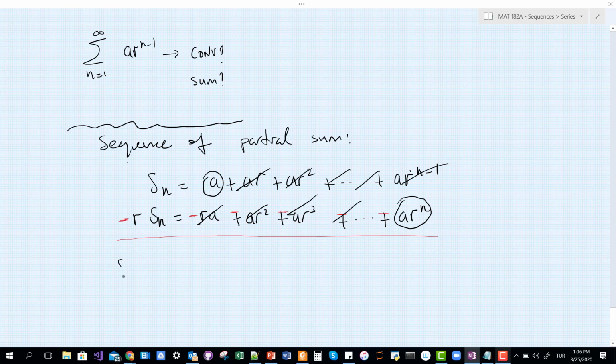On the left-hand side, what I have left is Sn minus r Sn, which is equal to a minus a times r to the n. I was trying to formalize what Sn is in a better way. So Sn is going to be equal to a minus a times r to the n, over 1 minus r.